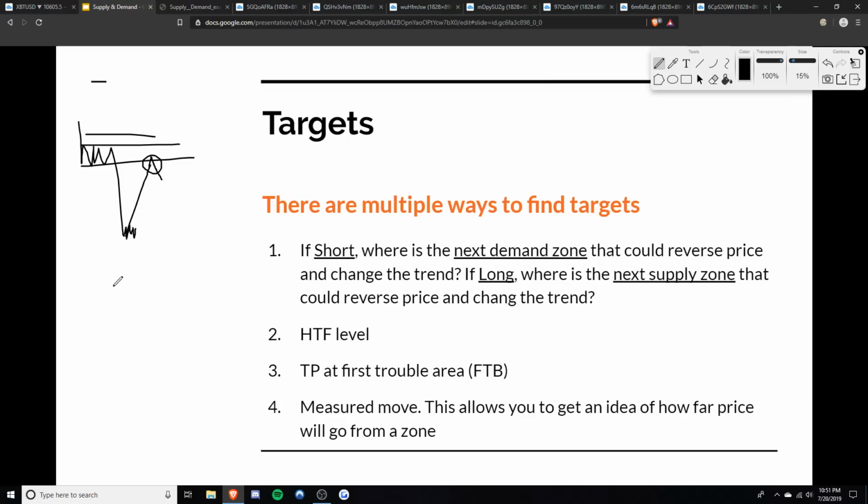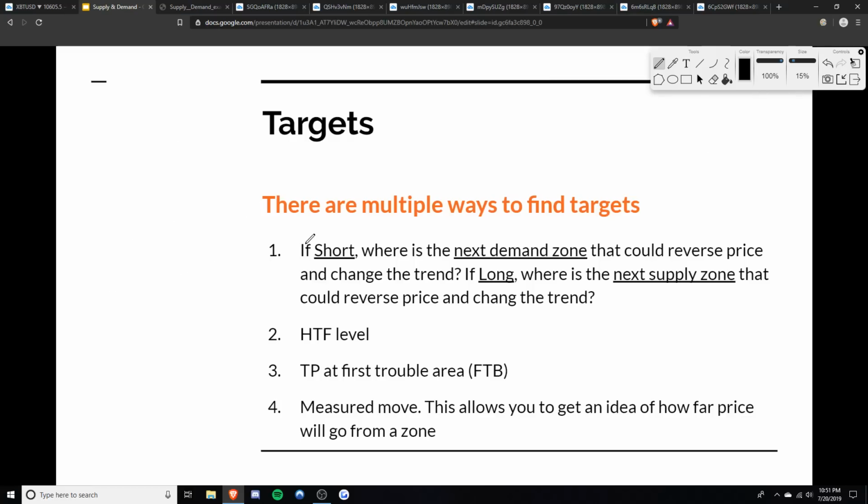And really the key demand zone is back here. Maybe that was the origin of that big move. This would be your target area then. If this is the key demand zone, if you're short from this supply zone, this would be your target. So this is the next demand zone that probably broke market structure, has a high probability score, and this is where price could reverse and possibly change the trend.